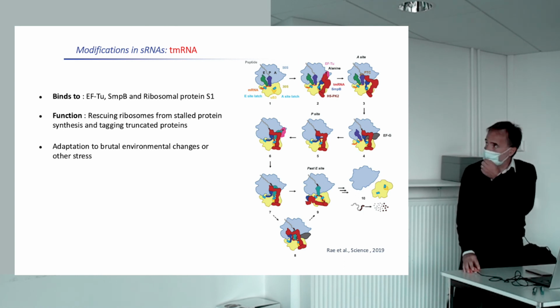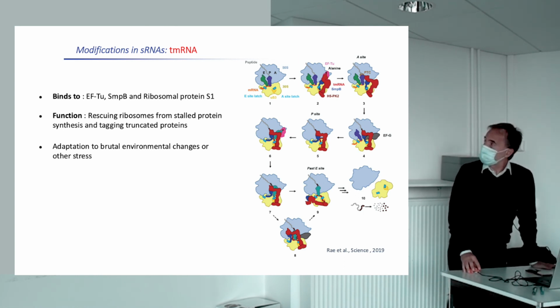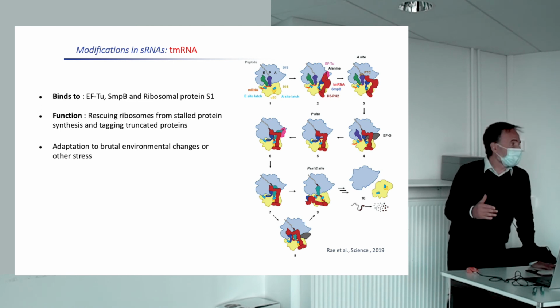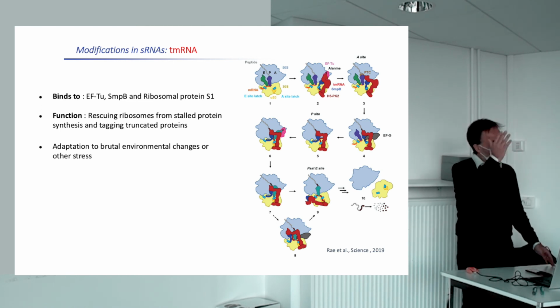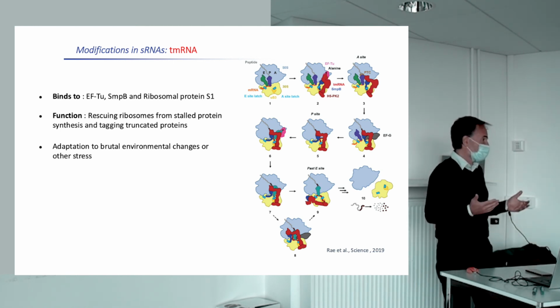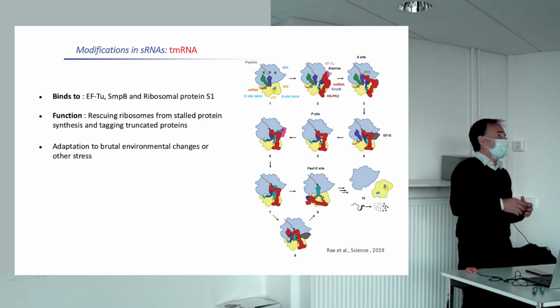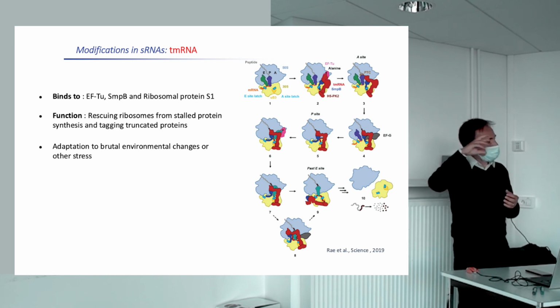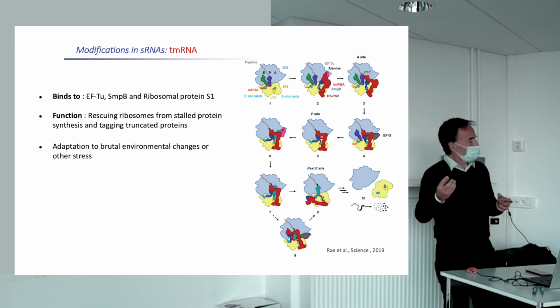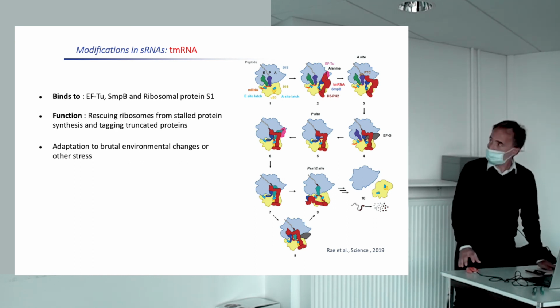So in order to remove this situation that is really harmful for the bacteria, there is this rescue system with the tmRNA. So the tmRNA is brought to the ribosome by EF-Tu because the tRNA-like structure will really resemble the tRNA, and it is also aminoacylated with an alanine residue. So EF-Tu recognizes this as a tRNA, and brings it to the ribosome.